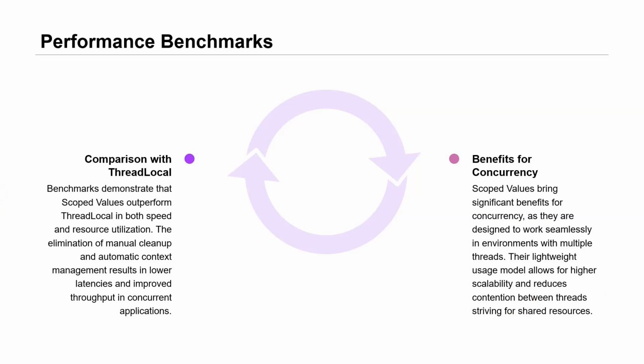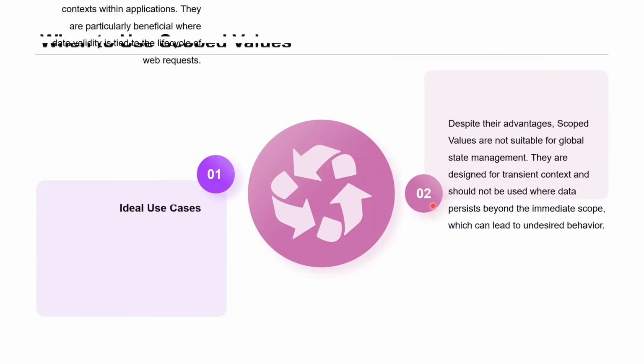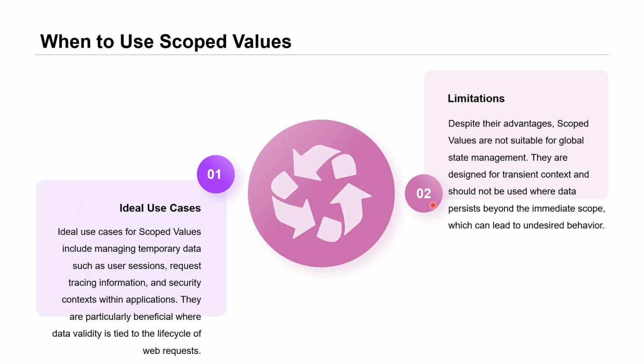Other than this, we can talk about when to use scope values. The ideal case is whenever we are managing temporary data such as user sessions, request tracing information, and security context within applications. They are particularly beneficial where data validity is tied to the lifecycle of a web request.